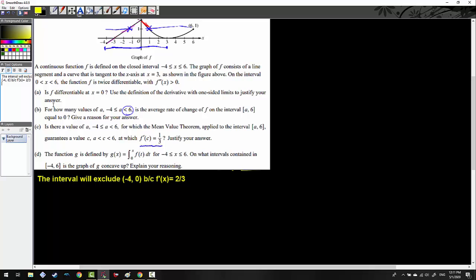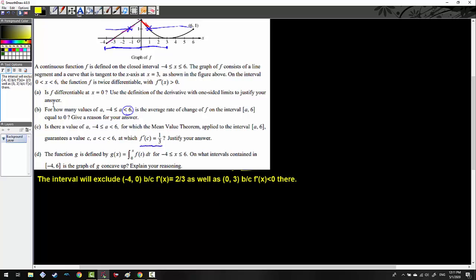We can also exclude the interval from 0 to 3. And again, notice how I did not include 0 to 3, because f prime of x is negative there.